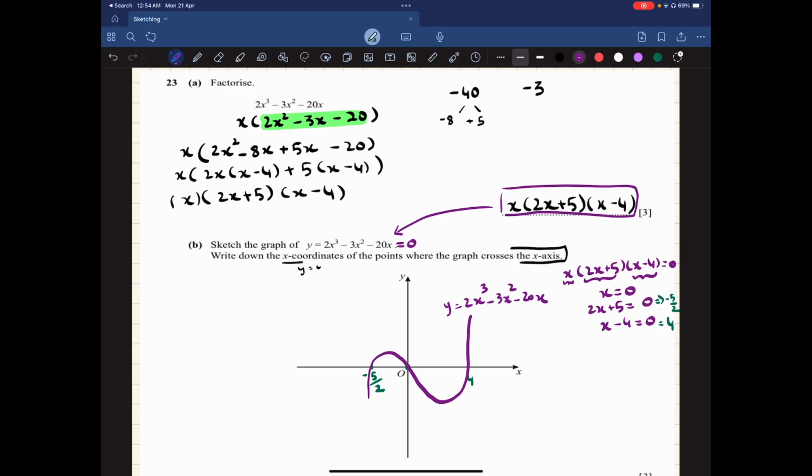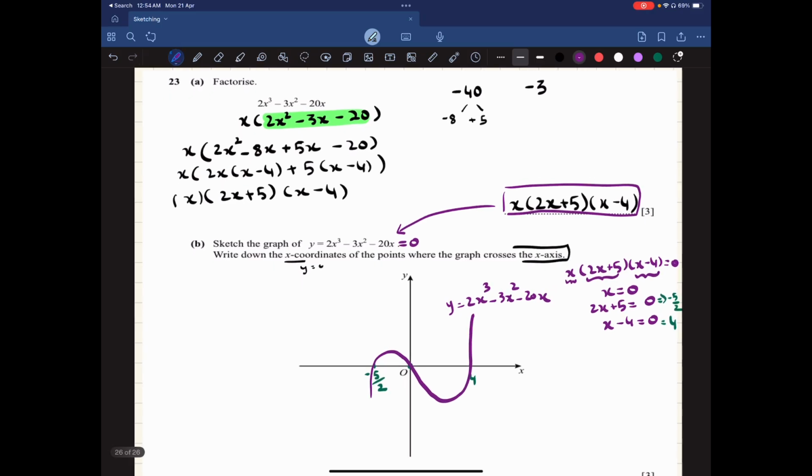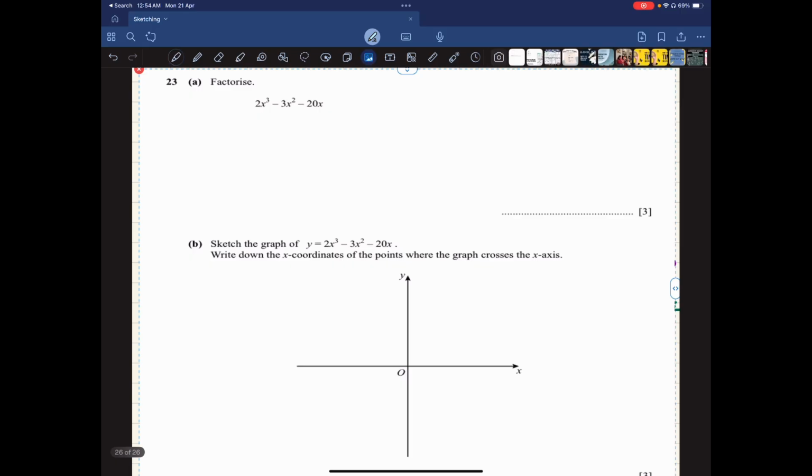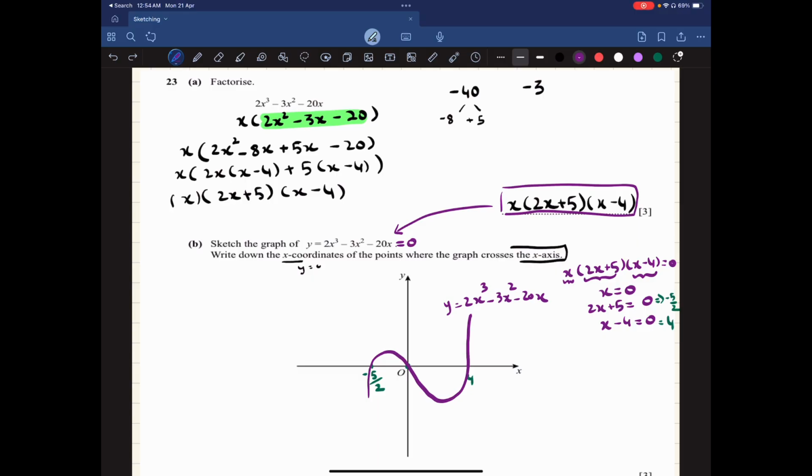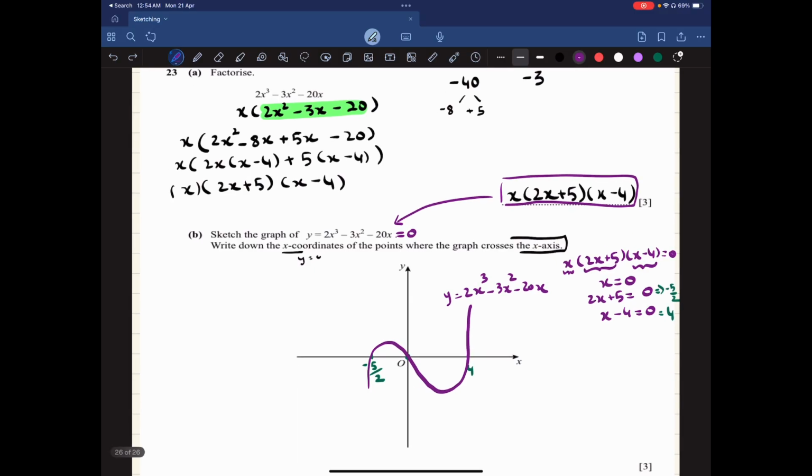I hope you have no problems in sketching or understanding this graph. These were 6 very easy marks that I hope everyone is going to achieve in their papers or were able to achieve when they were practicing this paper. And I hope that if you had any confusions, they've been cleared.